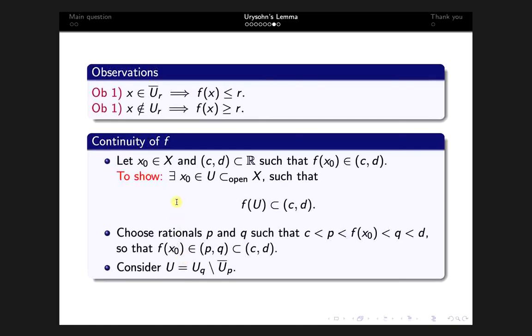So before going to the proof of continuity of f, we note these observations. Observation 1, and this should be observation 2.